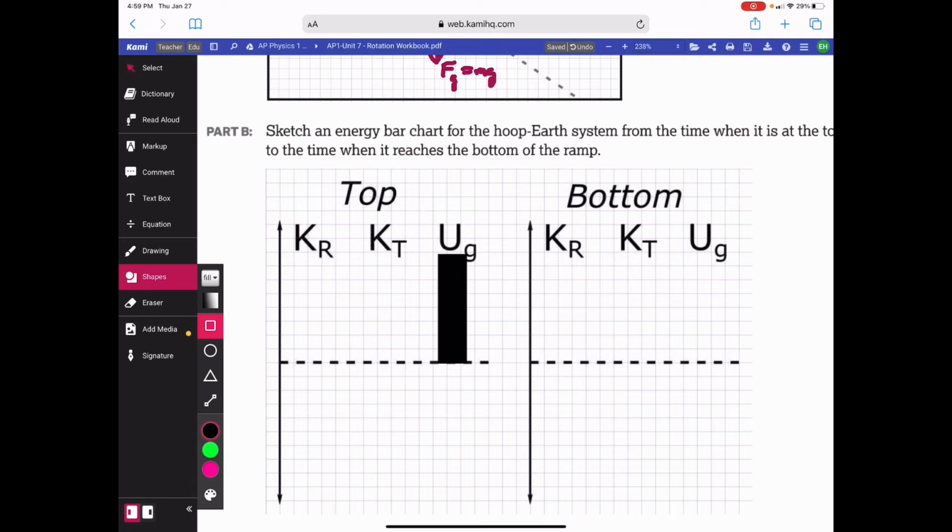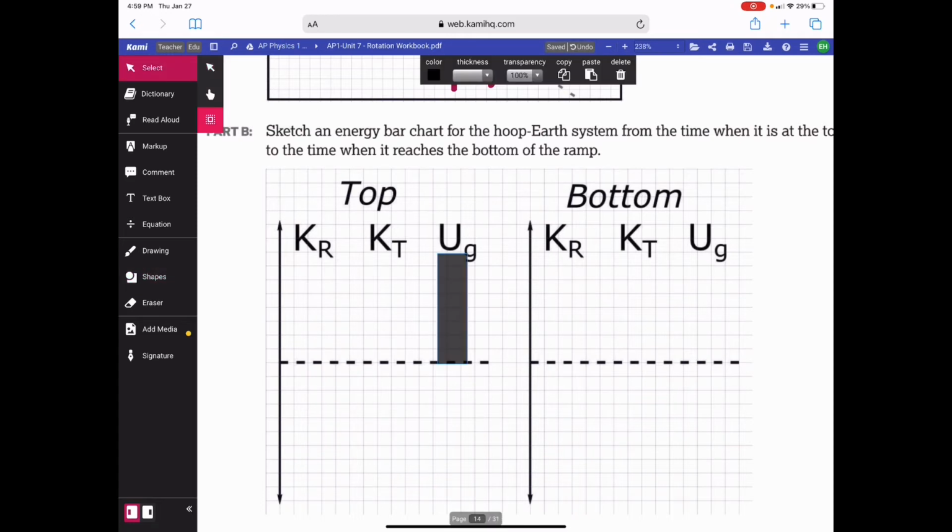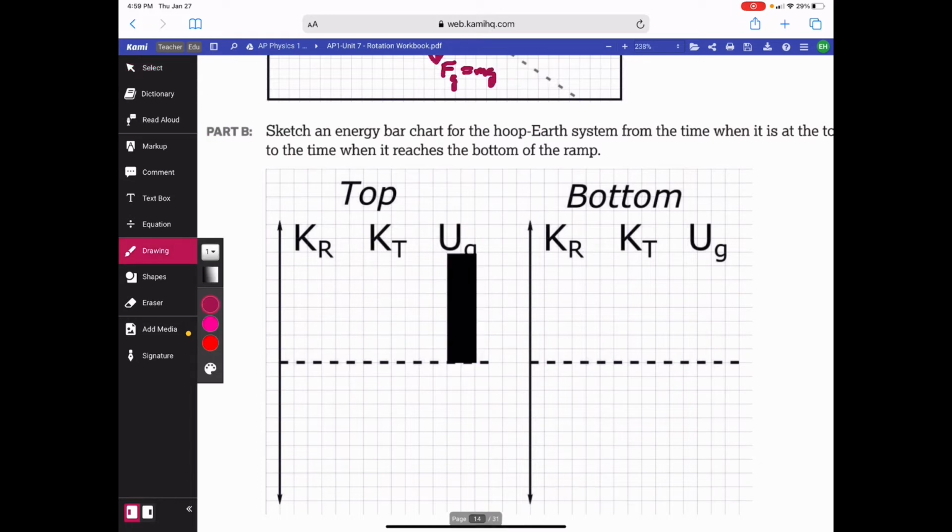Just move that over a little bit. Okay, so that's our starting energy. Our starting energy is the gravitational potential energy. But I don't know the percentage of that energy that's going to be rotational.